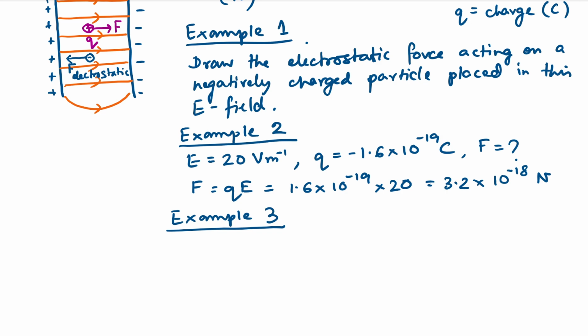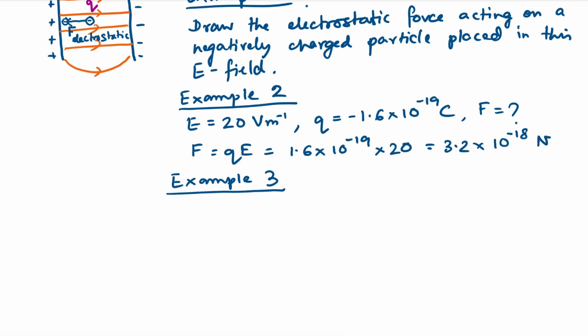So a little bit later, this electron will have moved over here because there's a force pushing it that way. So it will start accelerating in that direction and it will change its position. It will move through the electric field. And the question is, you have to describe what will happen to the force that is acting on this charged particle. Will it change because now it's closer to the positively charged plate, or will it stay the same?